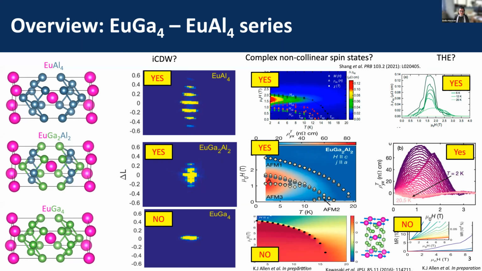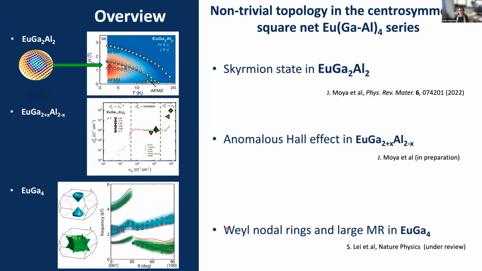However, this very simple H versus T phase diagram might lead you to think that not much is going on in EuGa4. But as soon as we look at the magnetotransport, we have the first indication that the story is more complicated than just a look at the magnetic properties. So let's focus on EuGa4 for today.